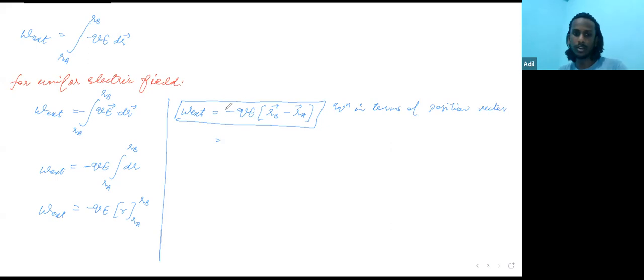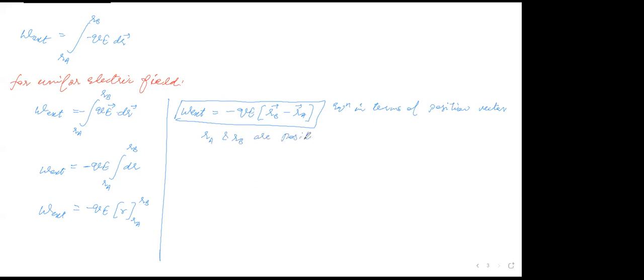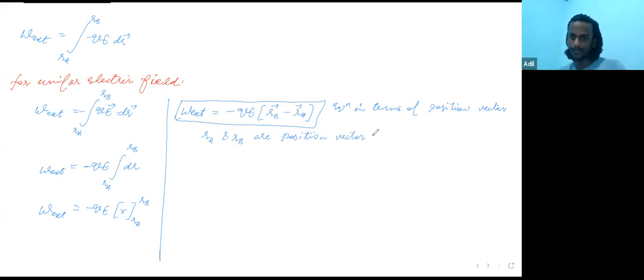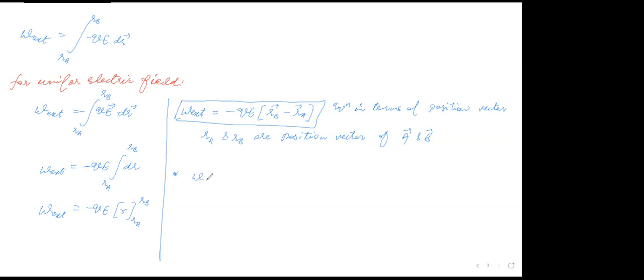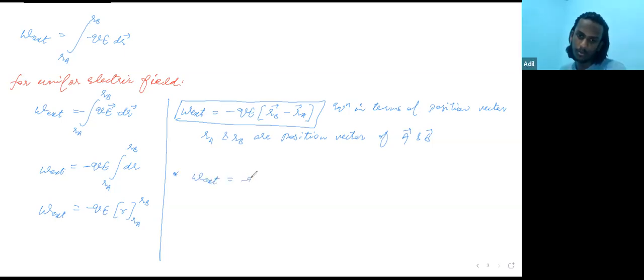Where you can also write here RA and RB, the position vectors of A and B, right? We can also write W of external is equal to minus QE times RB minus RA, which can be written as R of AB.